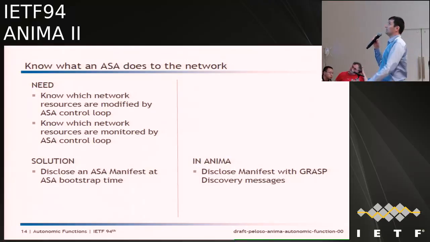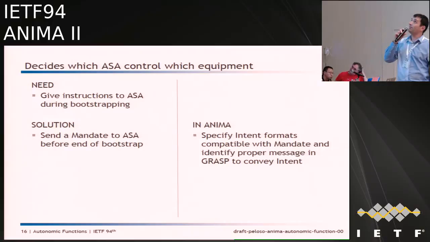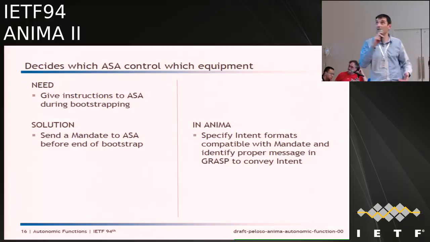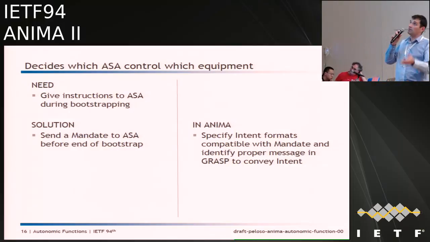Next 2 slides. Okay, thanks. The last point is to decide which ASA controls which equipment. So the need is to give instruction to the ASA during bootstrapping for the ASA to know what they do. And so the solution is to send a mandate. It roughly has the format of an intent.